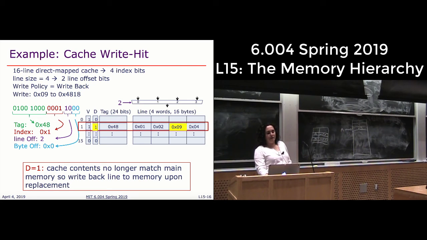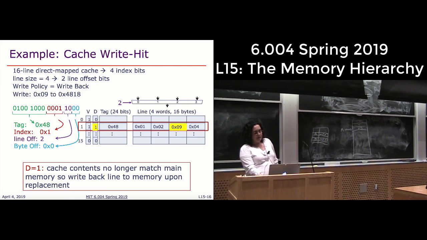And let's say that I want to write the value 9 to this address 4818, okay? So this address looks like this, and I've color-coded it to show you the different fields. And so basically what we're saying is that I want word 2 out of the line that I'm going to fetch, and the index that I want is index 1. Okay? And so I've just elaborated that here.